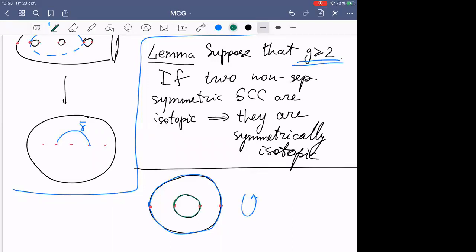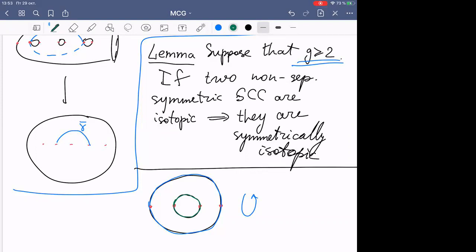Of course, these two simple closed curves are isotopic. These are just two parallels of the same torus. Of course, they are not symmetrically isotopic. Why? Since they pass through different fixed points.